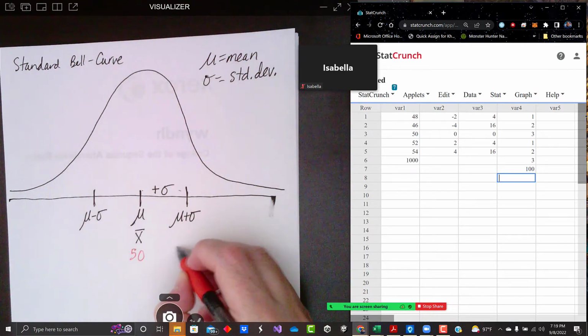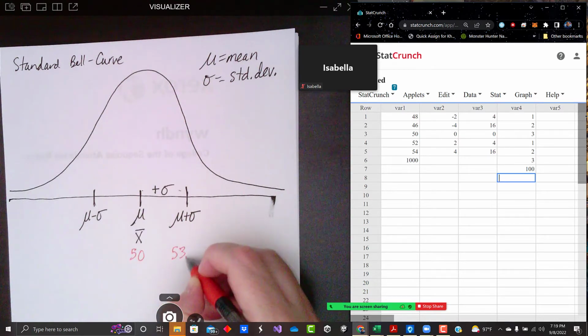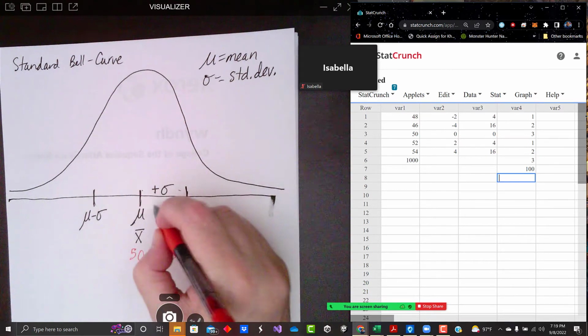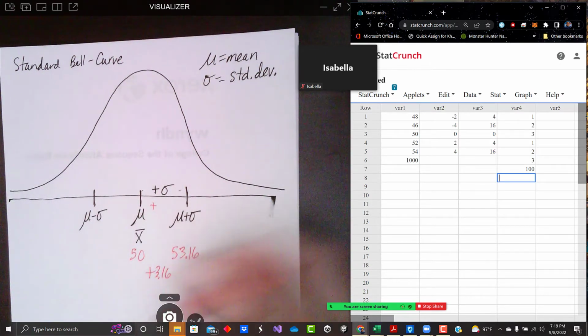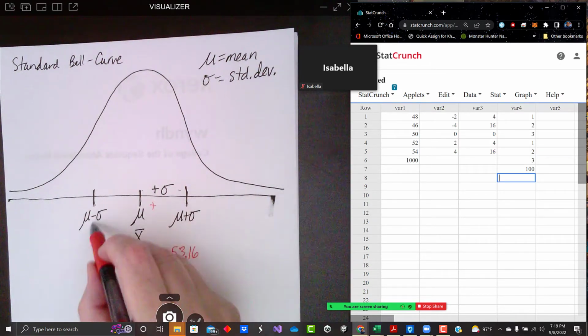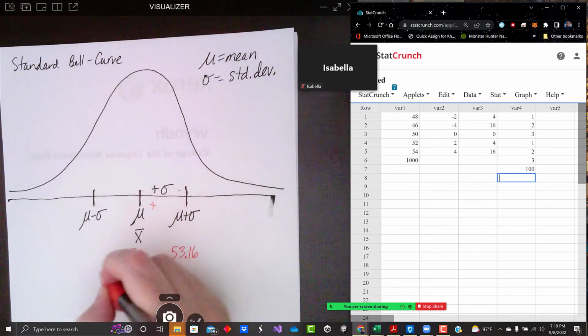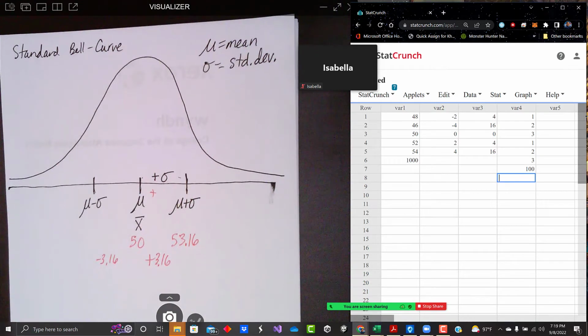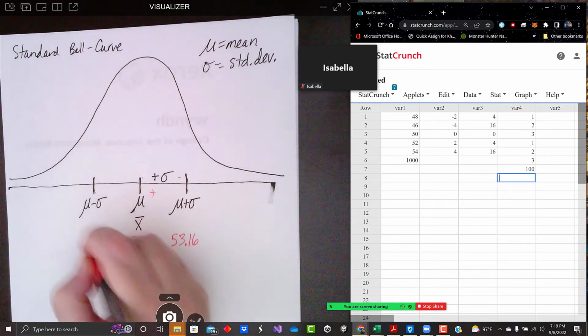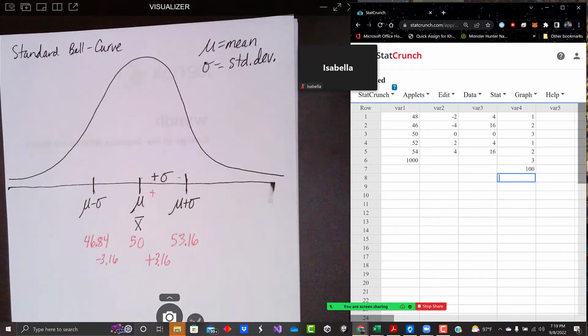So 50 plus 3.16 is 53.16, and going this way is minus the 3.16. So 50 minus 3.16 is 46.84, I think. I'm doing that without a calculator, so I could be wrong.